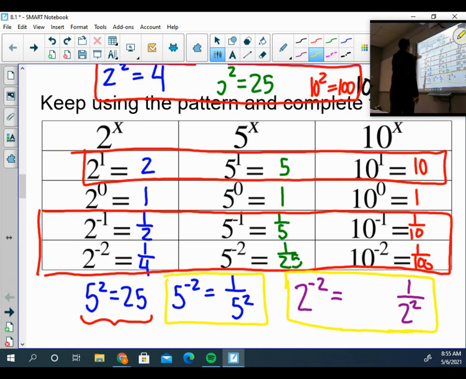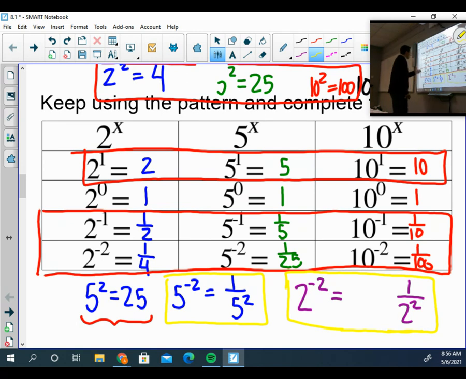We see by our pattern, right, that by decreasing the exponent by 1, we can find our next value down the table by simply multiplying by 1 over the base, or dividing by the base, right? To get from 2 squared, if 2 squared equals 4 and I decrease that exponent by 1, I can find the next value of 2 by simply taking the previous value of 4 and dividing it by 2, or multiplying by 1 over 2.